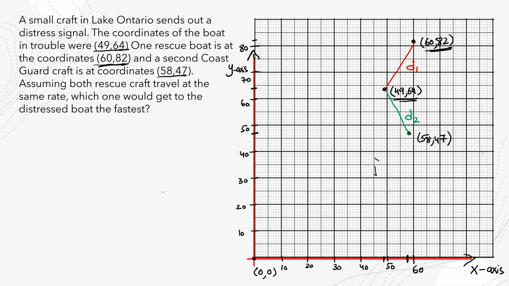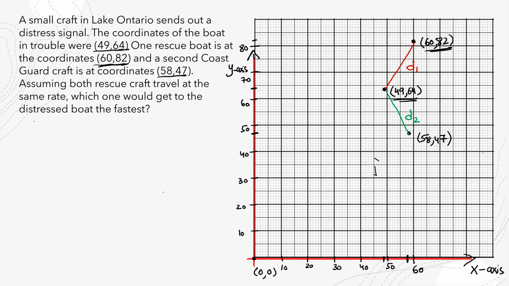Now all we need to figure out is the distance d1 and d2. Whichever one is the smallest will reach there fastest. Now we can use the graphic method, using rulers to measure the length of each one of these lines, or we can also use our distance formula to solve this.